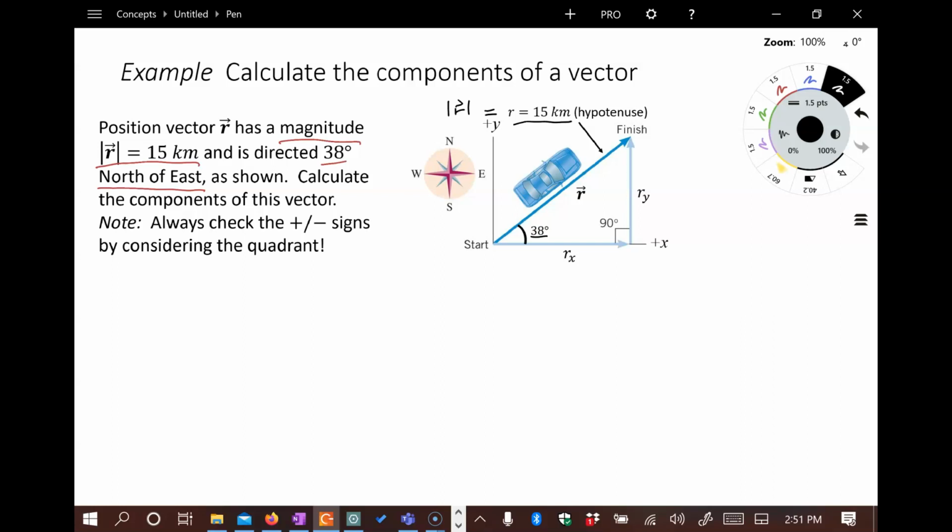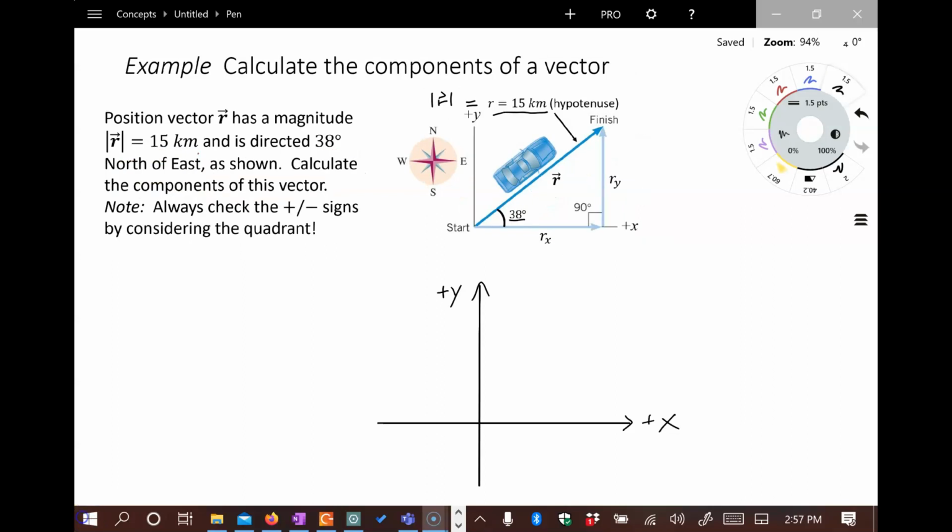So let's go ahead and draw a nice coordinate system. The first thing you ever want to do when you have a vector given in angle magnitude form is plot it in a graph. So we've got a nice XY coordinate system we can use here now. To figure out which quadrant this vector is in, I need to look at the cardinal direction that's given here, 38 degrees north of east.